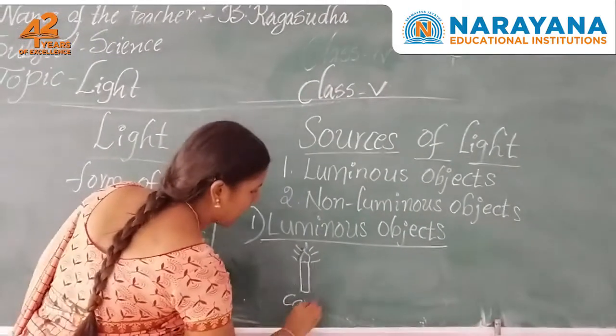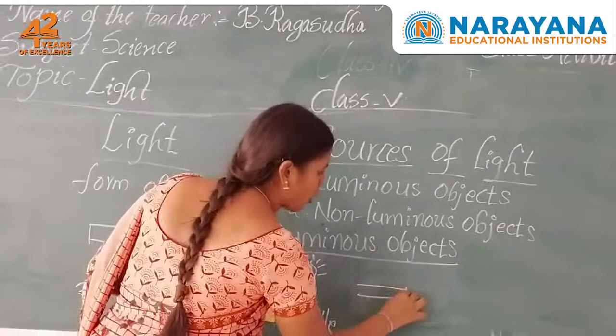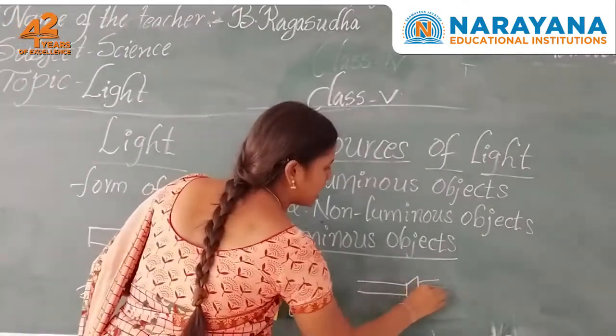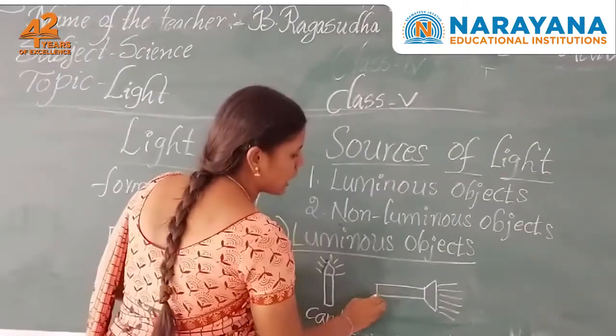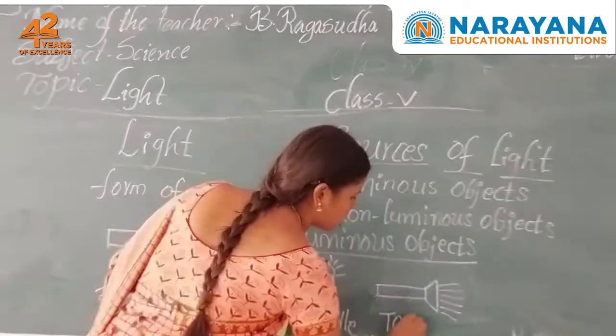Next, torchlight. Torchlight is also called a luminous object because the torchlight also gives light. So, these are the objects which are capable of giving out light by themselves, called luminous objects.